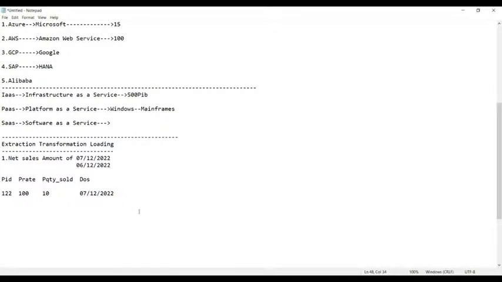The second line is product ID 123, product rate is 200, quantity sold is 10, and the date of sales is 07 12 2022. And then we have the next one, 124.